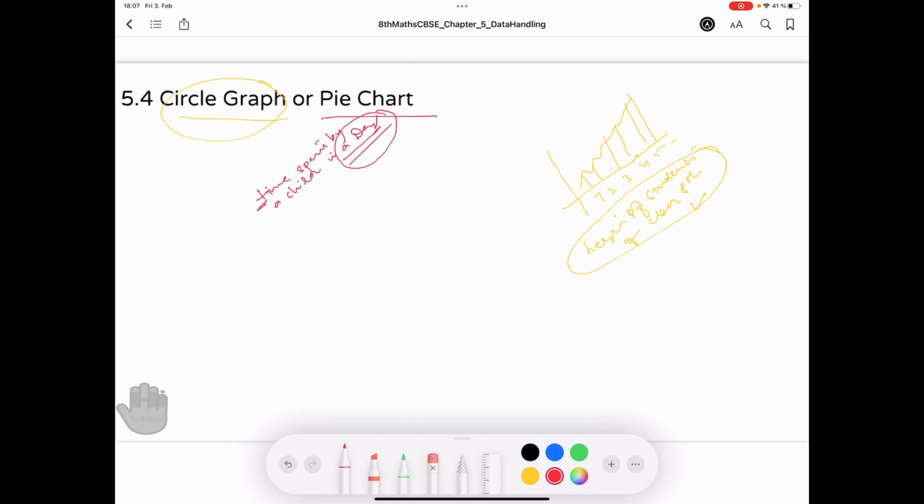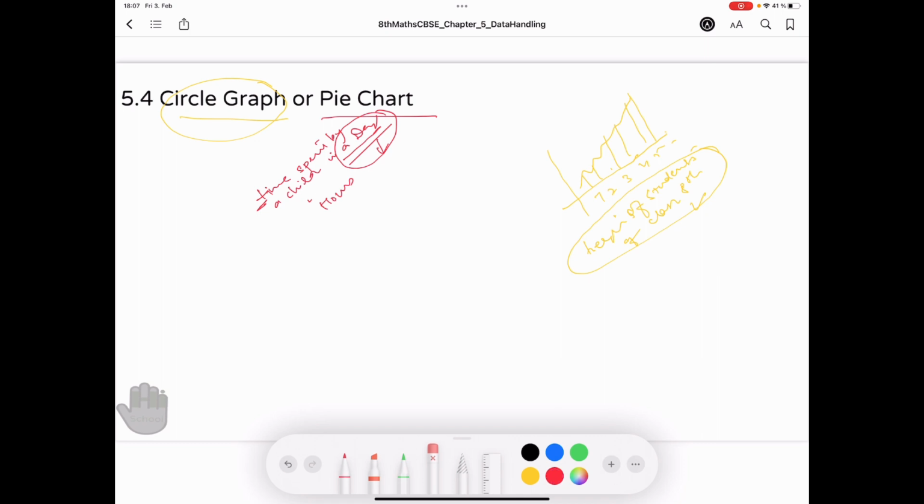In a day is what? 24 hours. Let's say we are going to measure this time spent in hours. We can measure in minutes and seconds also, but for simplicity we are going to measure it in hours, within a day.